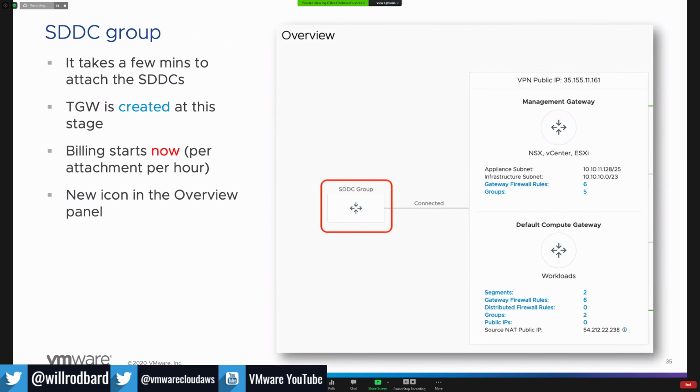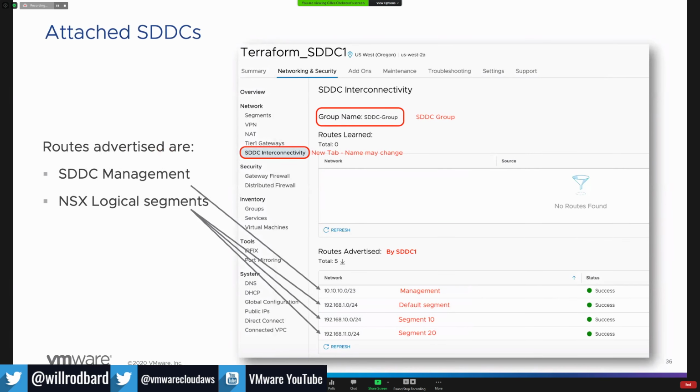So now I have a new icon in my overview, and the new icon says SDDC group. I can click on it. When I click on it, I get this new tab, which is called SDDC interconnectivity, and I'm not sure we're going to keep this name, but that's a new tab. And here I can see the routes that are advertised by SDDC1. So what do I advertise? I advertise my management network, I advertise my default segment and my two segments, 10 and 11. This is a mistake. This is segment 11, not 20. Okay.